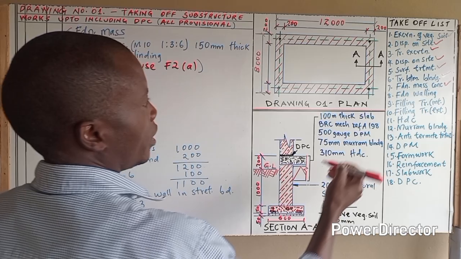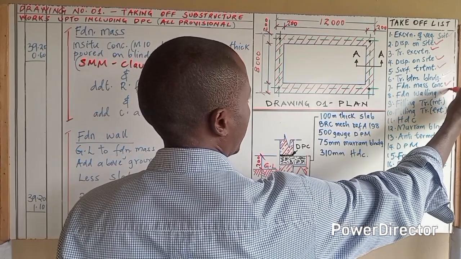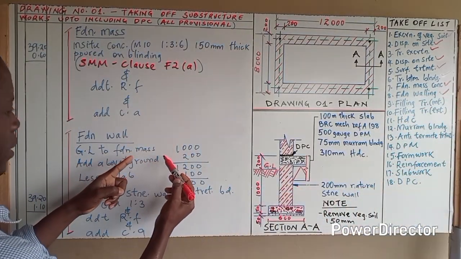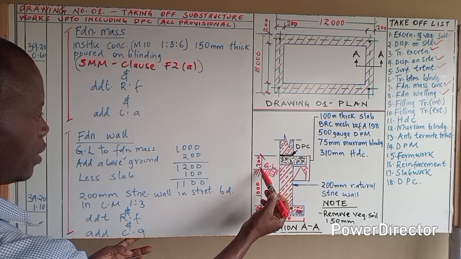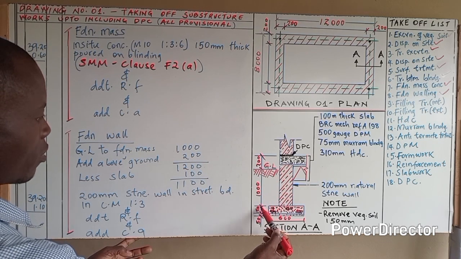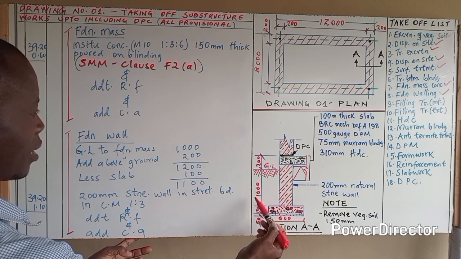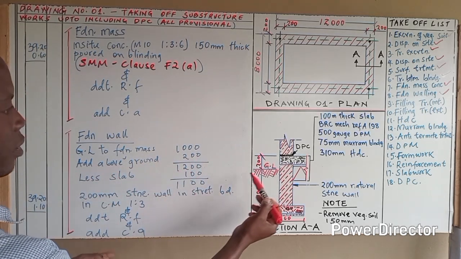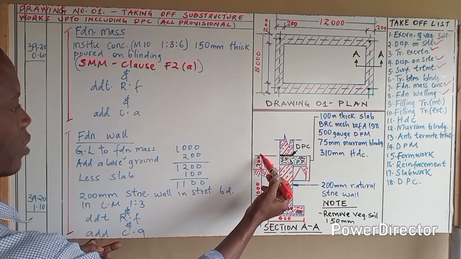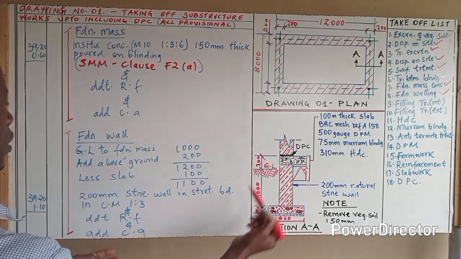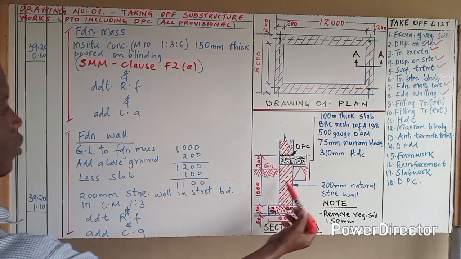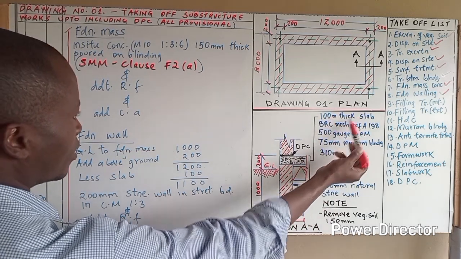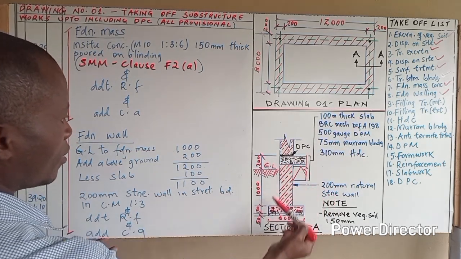Now let's move on to the 8th heading, that is foundation walling. Ground level to foundation mass, that is this GL to the upper part of the foundation mass, is 1000. Now add above the ground, from this to this one now, the slab. So you come back again with this 100 millimeter thick slab, to reach here.